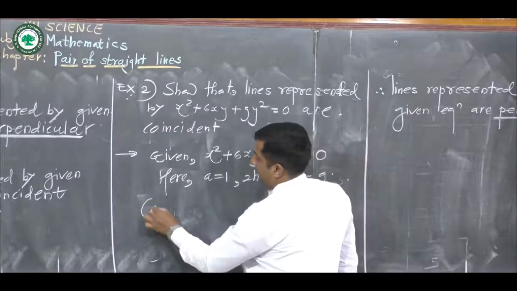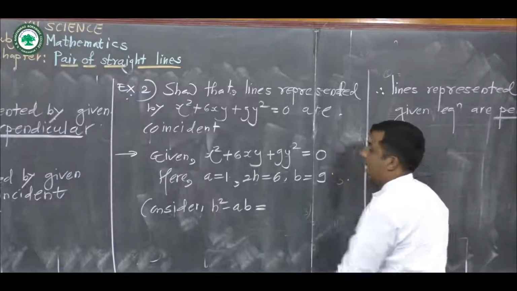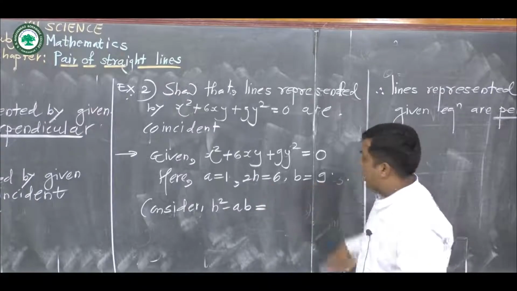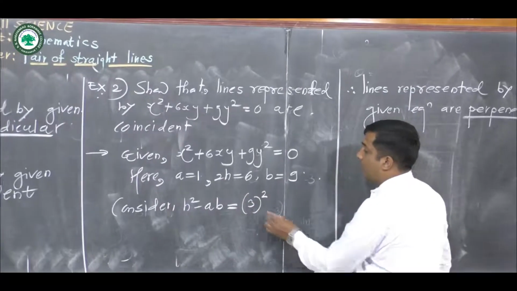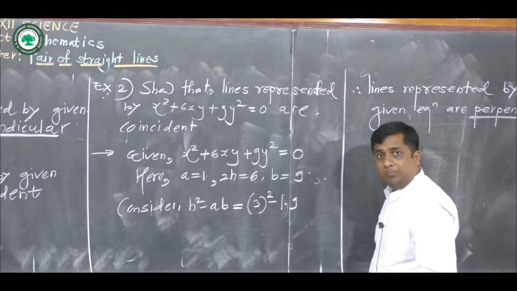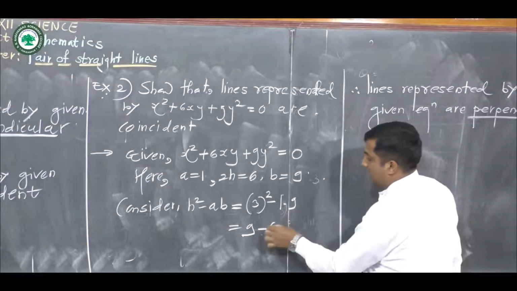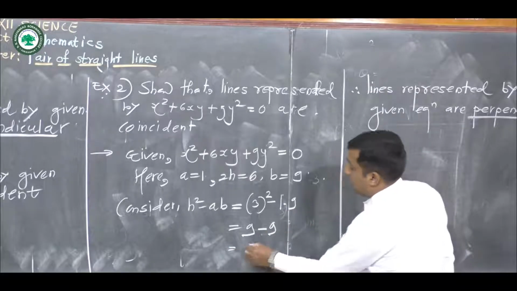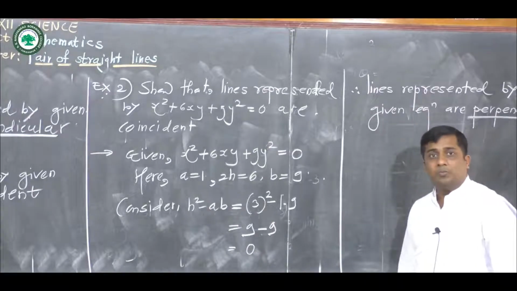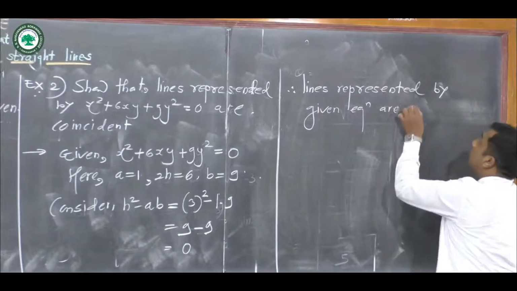We consider h square minus ab equal to, we know h is 3, since twice h is equal to 6, so we get 3 square minus a into b. We know a is 1, b is 9. This is equal to, we know 3 square is 9 minus 1 into 9 is 9, and this is equal to 0. So we get h square minus ab is equal to 0. So finally I write lines represented by the given equation are coincident.